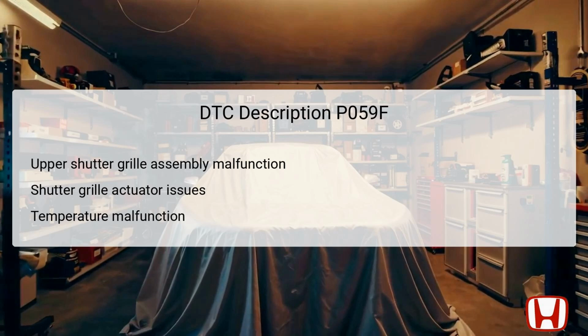The presence of related DTCs, P05A3 and P05A8, indicates specific actuator failures, while P05C0 points to potential temperature-related issues with the actuator. When troubleshooting, confirming the state of these components is vital for effective repair and optimal functioning of the vehicle.